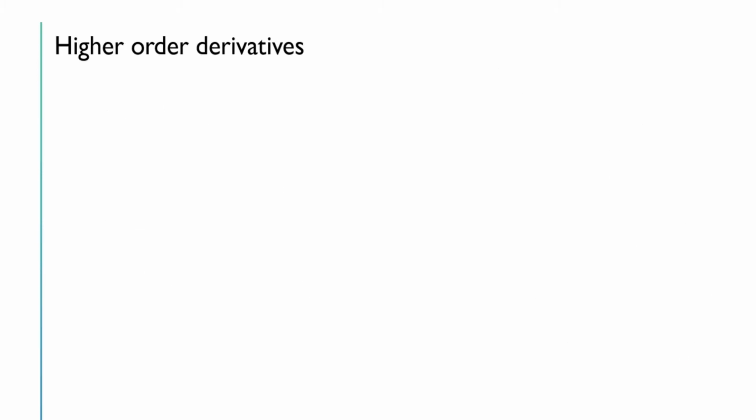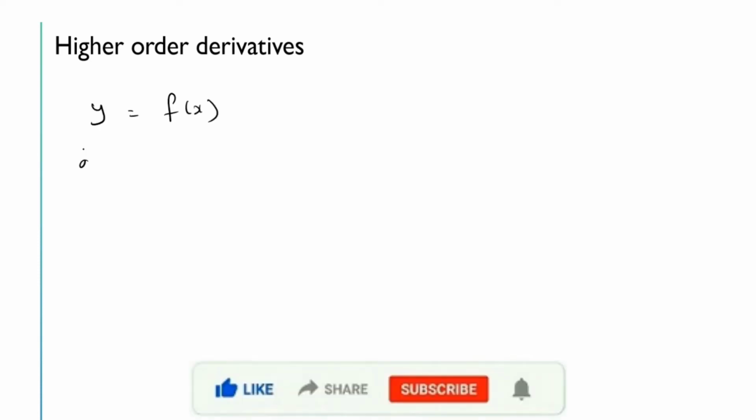Similarly, we can have higher order derivatives. So if y is equal to f of x, then we know that dy by dx is given by f dash of x and d square y by dx square is f double dash of x.